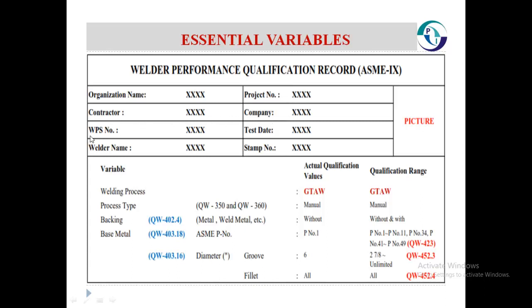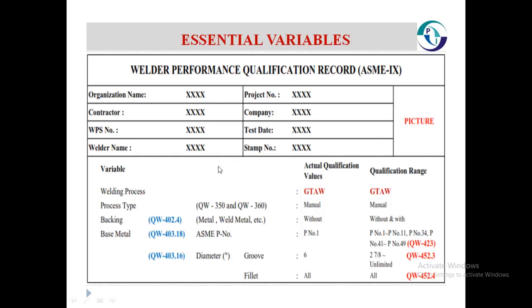Each welding test coupon for the welder should be made according to a relevant WPS, and this welder performance qualification record should contain the WPS number and the date of the test, welder name, and each welder should be assigned a stamp number. The picture of the welder may or may not be provided; it is optional.